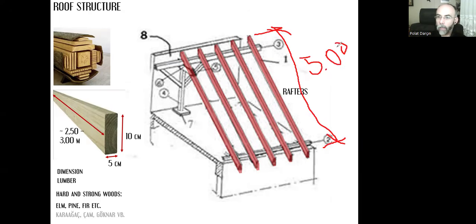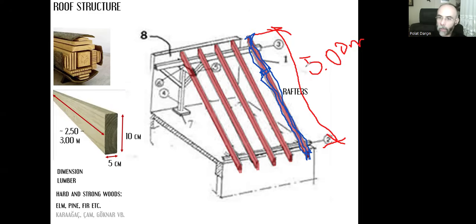That depends on our design. That means I cannot have only one piece. I need to have a piece for like 3 meters or 2.5 meters up to here. And I need to have another piece and connect them on their ends like that.